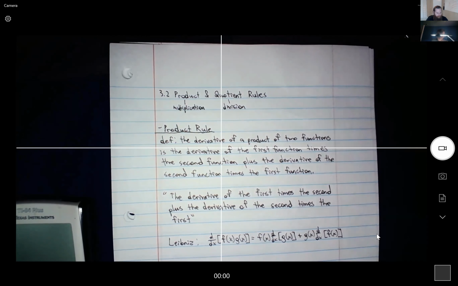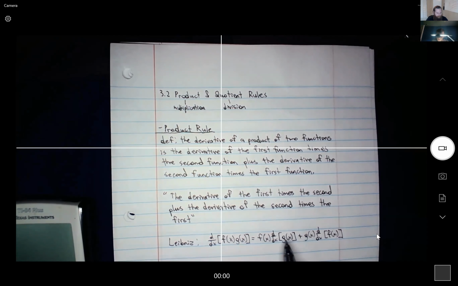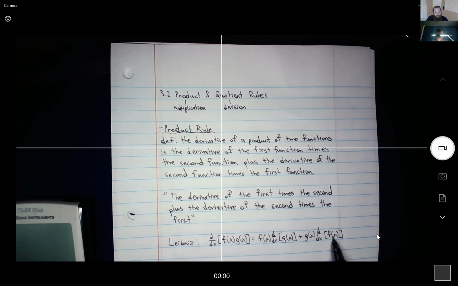So we see here the derivative of the first, f of x, times the second, g of x, plus the derivative of the second, g of x, times the first, f of x.